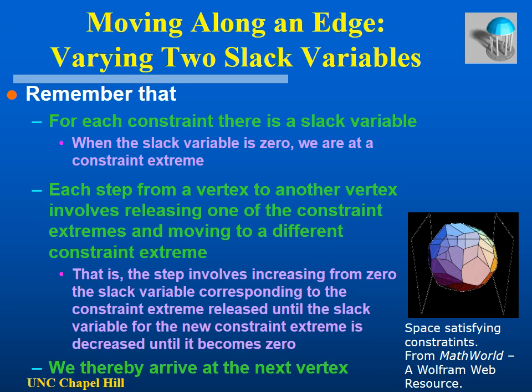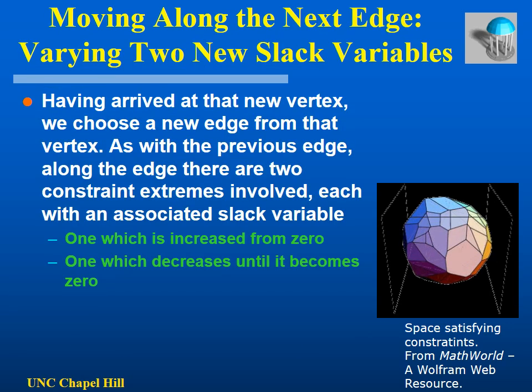And when we come to that new vertex, we have achieved a different constraint extreme. That is to say, the corresponding slack variable has become 0. And we thereby get to that next vertex.